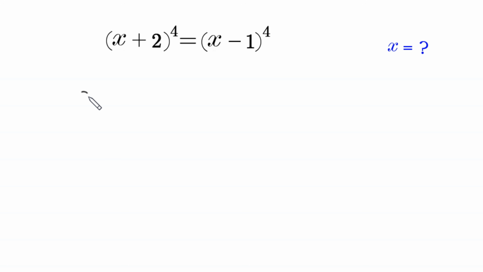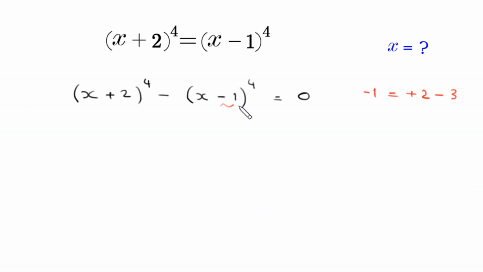Then this equation will become (x + 2)^4 - (x - 1)^4 is equal to 0. Now this negative 1 can be written as plus 2 minus 3.